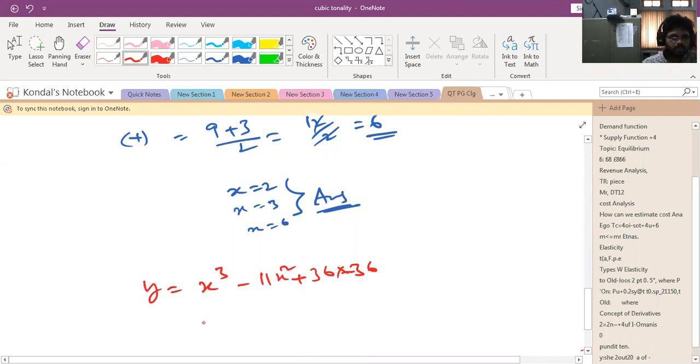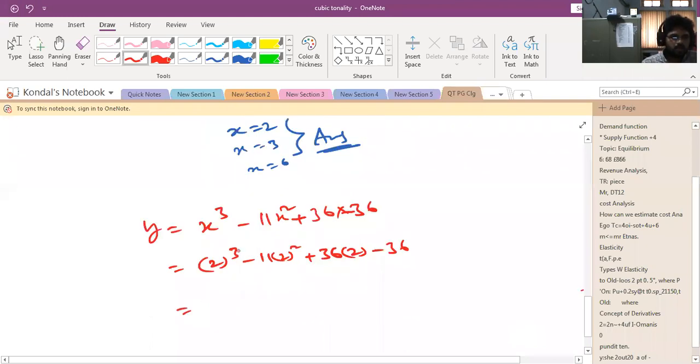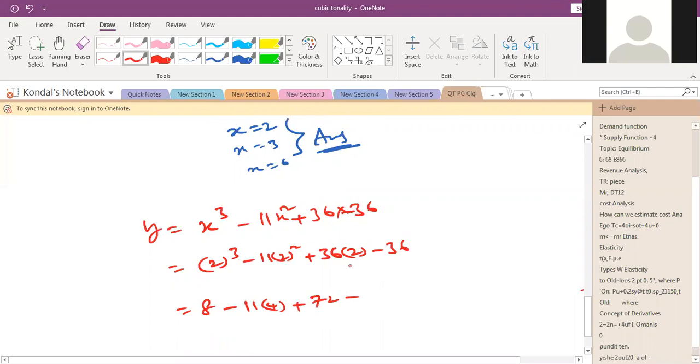First we can substitute 2: 2 cube minus 11 into 2 square plus 36 into 2 minus 36. So 2 cube, how much? 8. 11 into 2 square, 2 into 2 is 4. Plus 36 into 2, 72, minus 36.